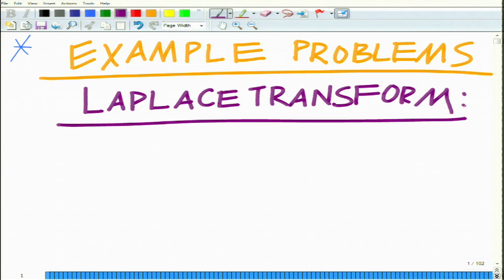Okay. And so, let us look at example problem number 1.